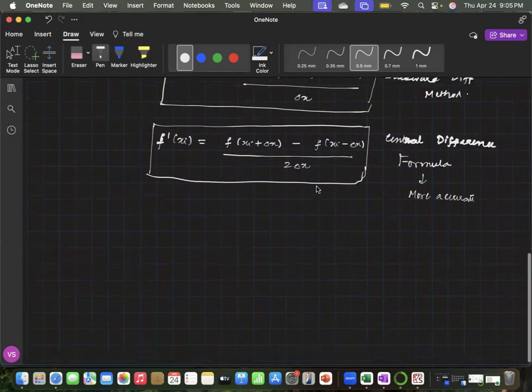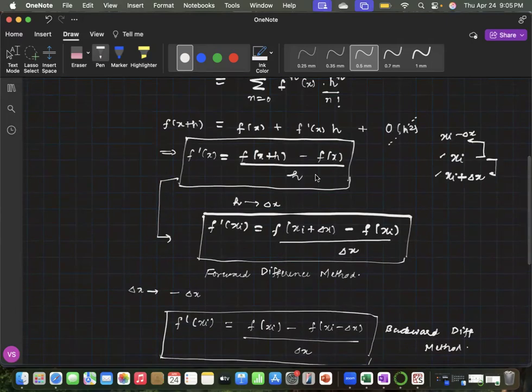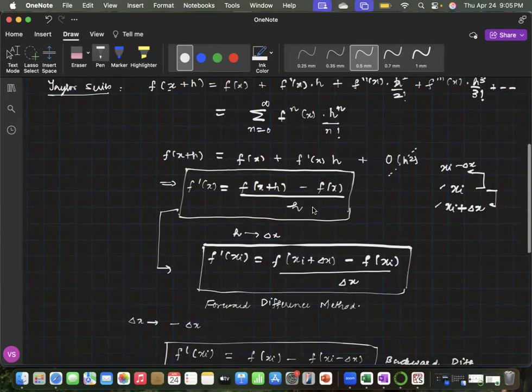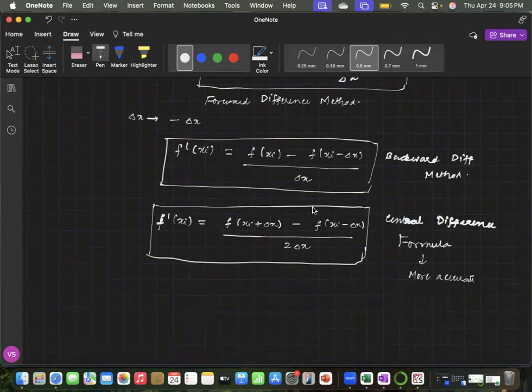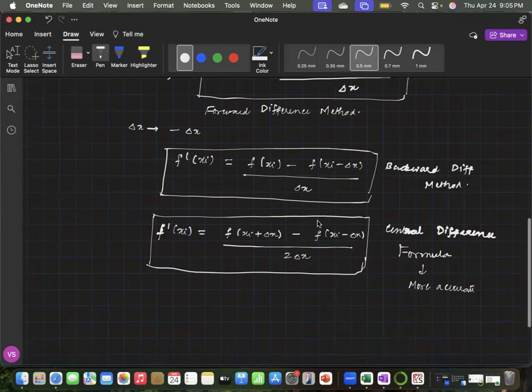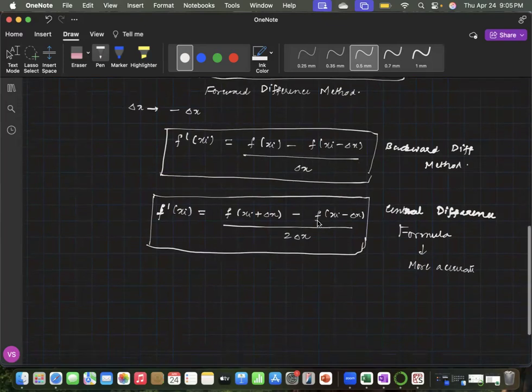And just like we have calculated the first derivatives, we can use Taylor series expansions and some mathematical manipulations to evaluate second derivatives, which we'll not be discussing in this video, but we'll have to use second derivatives somewhere or the other in further lectures. So we'll talk about second derivatives then. But this is how we calculate the first derivatives.